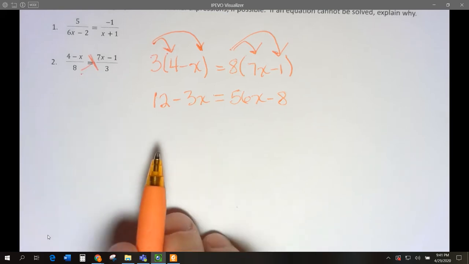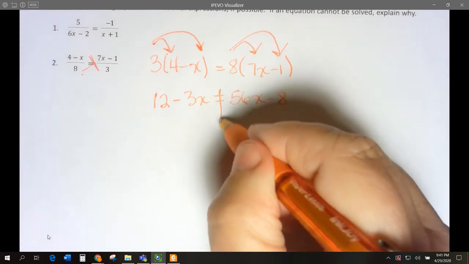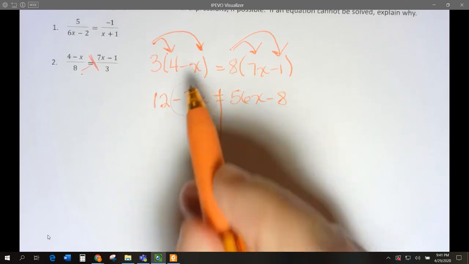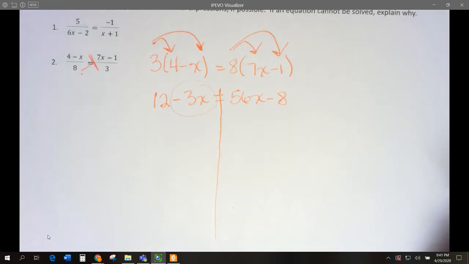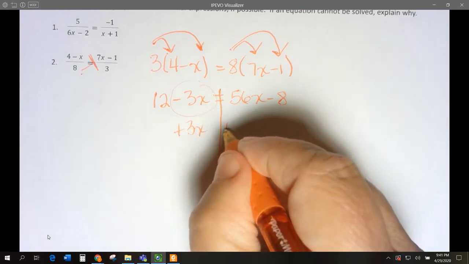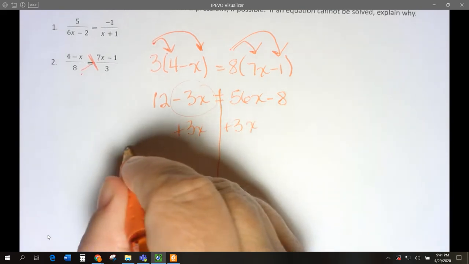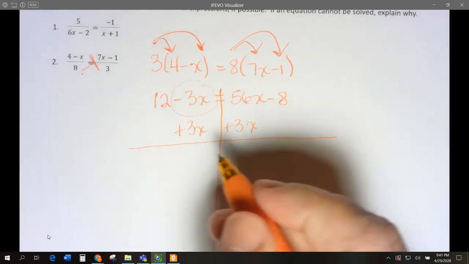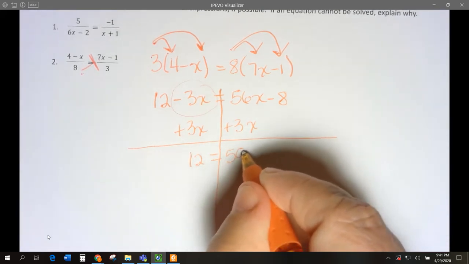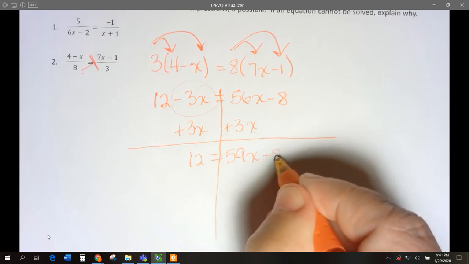Now we need to get rid of the variables with the smallest coefficient. Our smallest coefficient would be the negative 3x. So we are going to add 3x to both sides. And we're going to get 12 equals 59x minus 8.